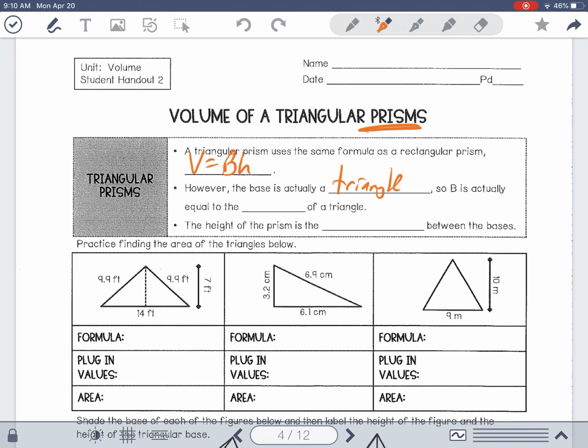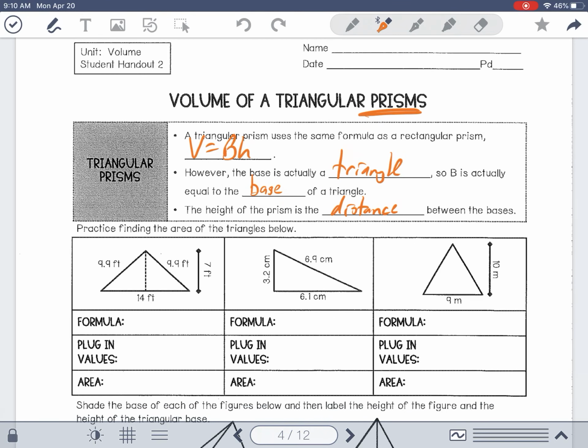So that big B, or capital B, is actually equal to the area of the base of a triangle. The height of the prism is the distance, we mentioned that a moment ago, between the bases. The area of a triangle is on our star reference sheet. The area of a triangle is 1/2 base times height.